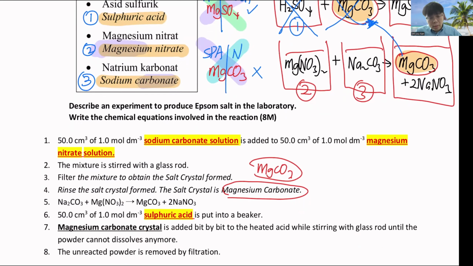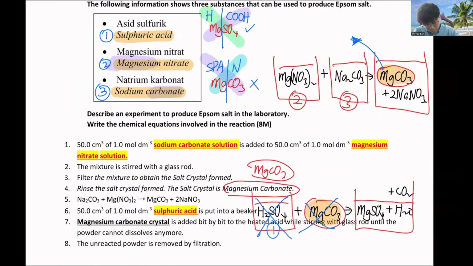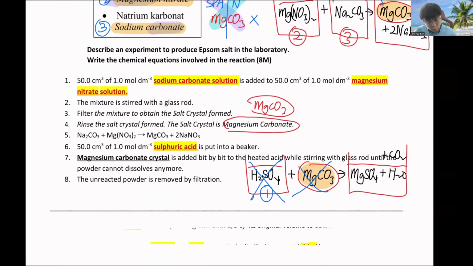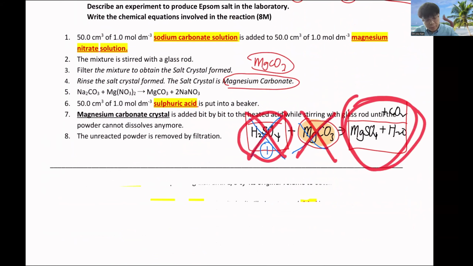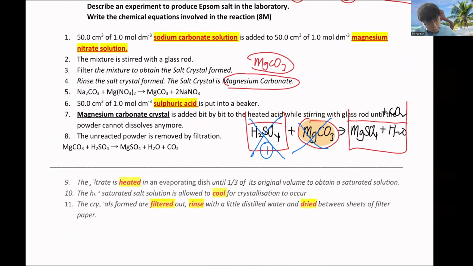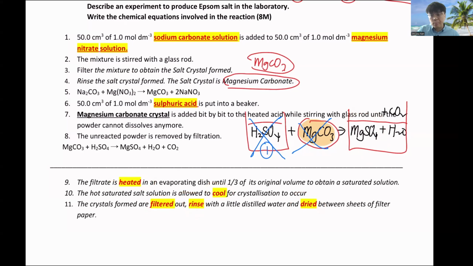Once you filter, no more sulfuric acid, no more carbonate. You get your magnesium sulfate. Then you do the last process: heat, cool, filter, rinse, and dry to take out this magnesium sulfate, which is soluble in water.